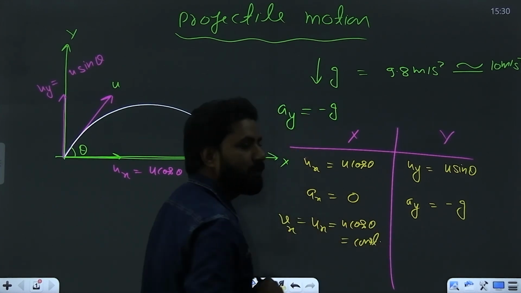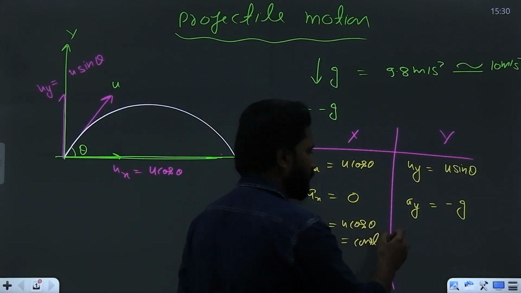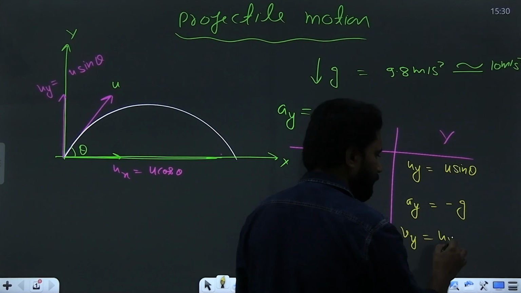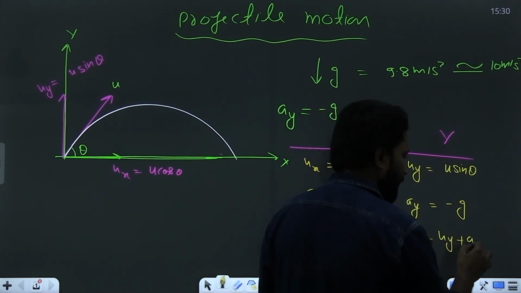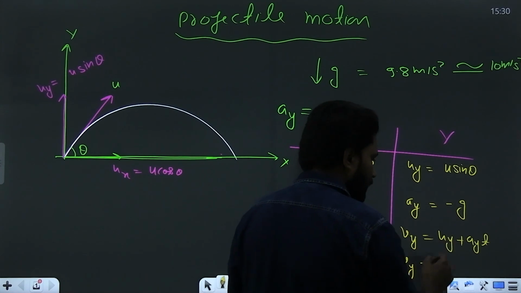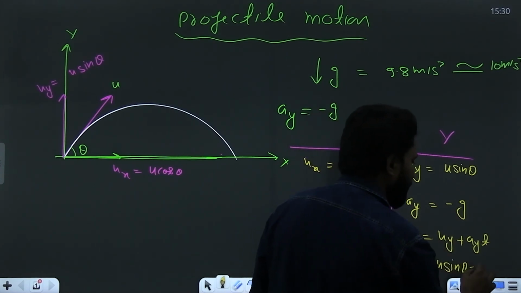And if we want to find out the velocity at time t along the y-axis, we have to use the first equation of motion, vy is equal to uy plus ay into t. So what will be the value of vy? vy is equal to u sin theta minus gt.